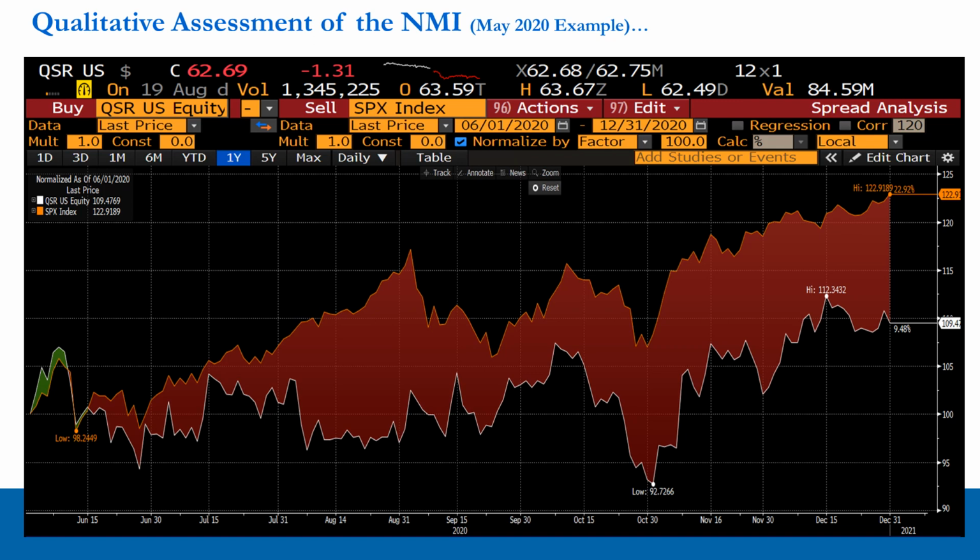But a nice situation like QSR, where you get underperformance relative to the market and relative to your longs, is still acceptable. And if you look at, for example, the performance of QSR, there were many times during that period, up until the end of October, beginning of November, where the stock was actually down. So you could have actually made money on the short as well, not just as an underperformer in the portfolio relative to your longs.